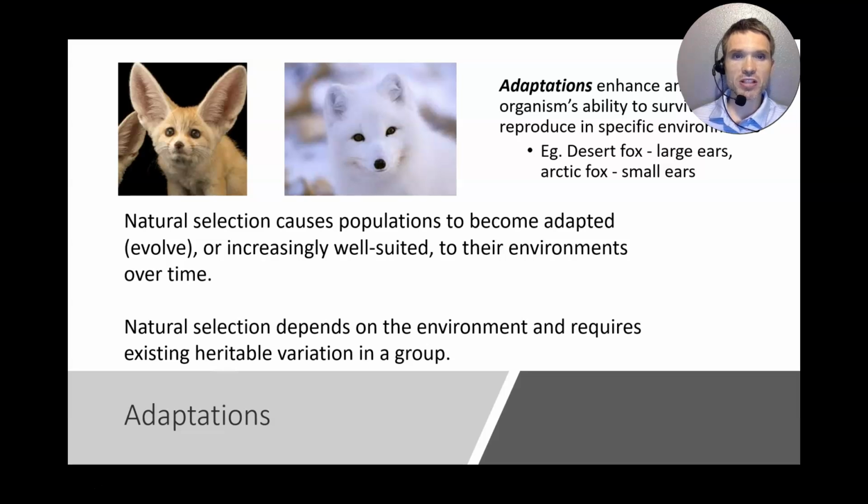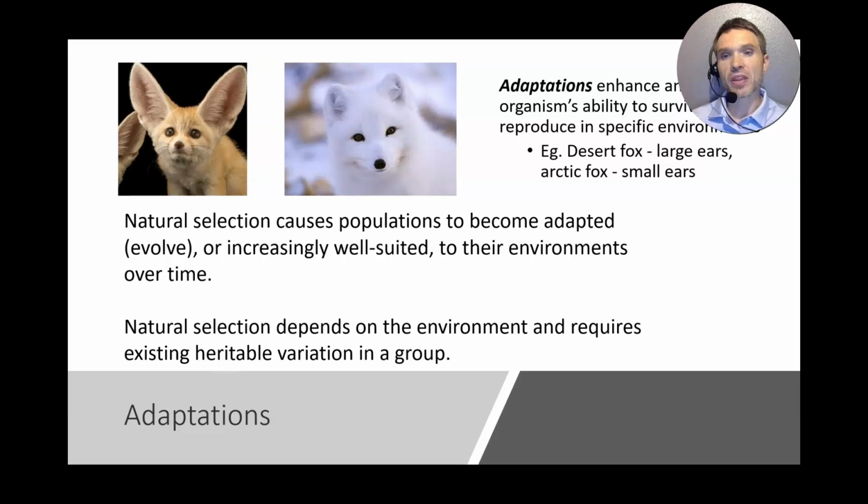And as it says on my slide, adaptations enhance an organism's ability to survive and reproduce in the specific environments the individual finds themselves in. For instance, the desert fox would not survive in the Arctic. His poor ears would freeze off.